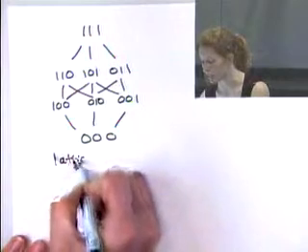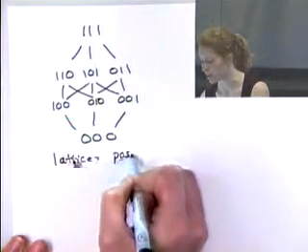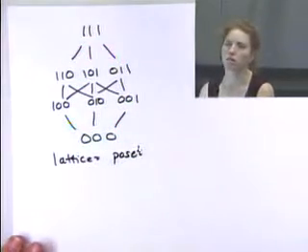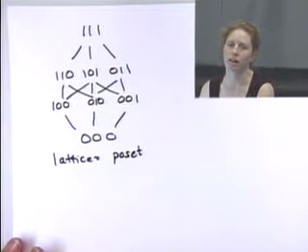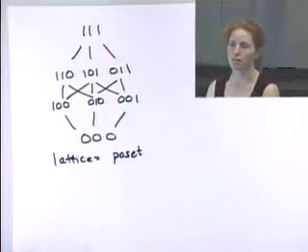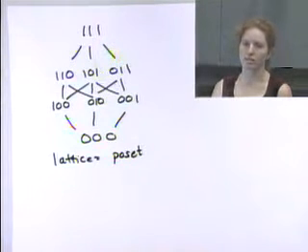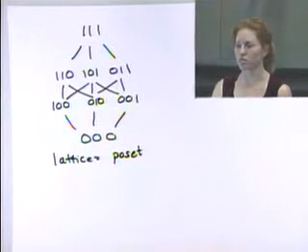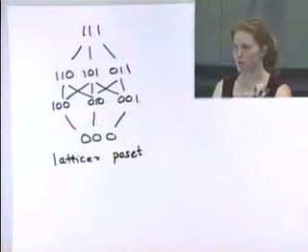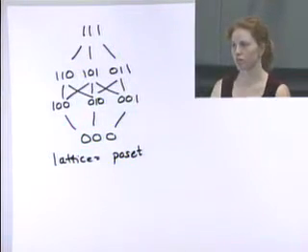A lattice is a partially ordered set that has a minimum and a maximum, where every pair of elements has a least upper bound and a greatest lower bound.